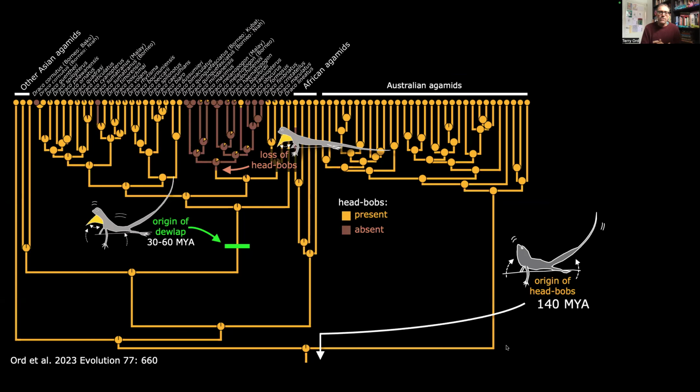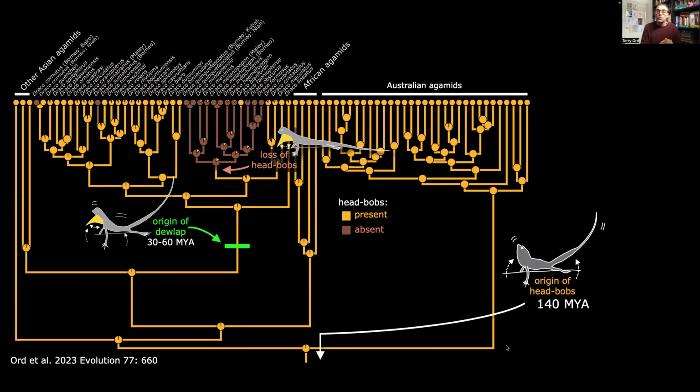So I've been studying Draco for over a decade now, and they're a fascinating group for a variety of reasons. But if we step back for a moment, the evolution first of that head bob is very ancient. It has a common ancestry in both the iguanid and agamid families, and it evolved roughly 140 million years ago.